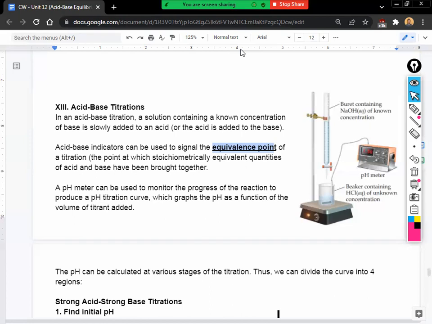And so what we can do is calculate the pH of a solution at different points of a titration.